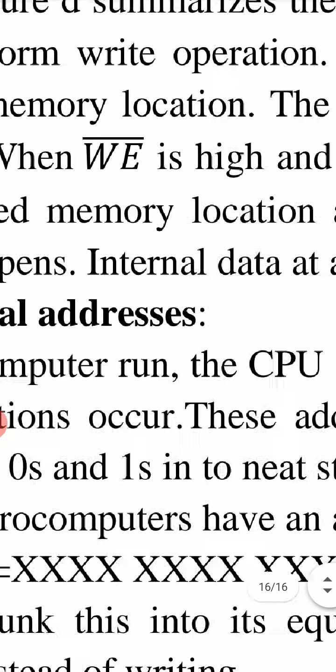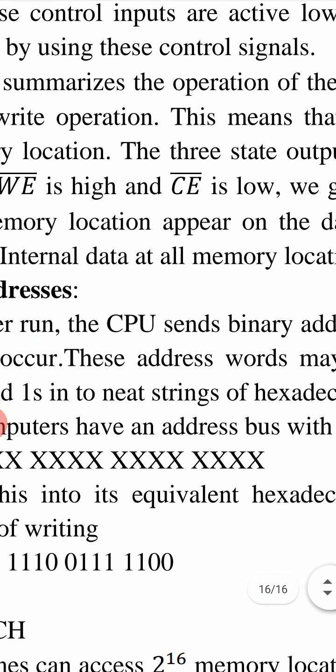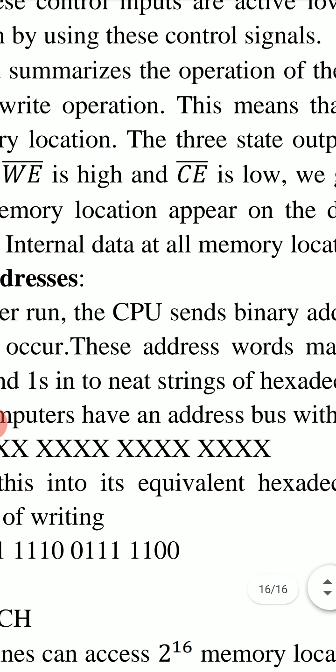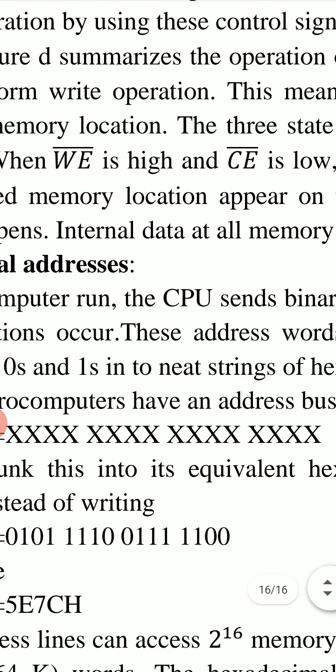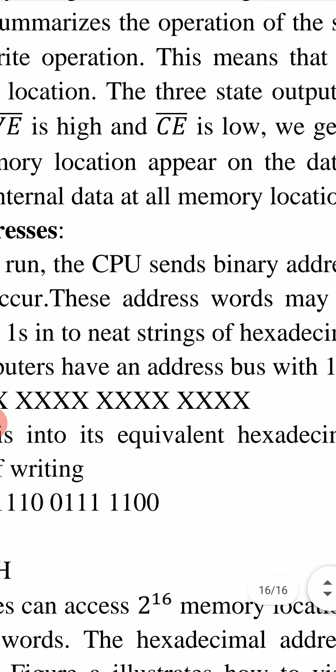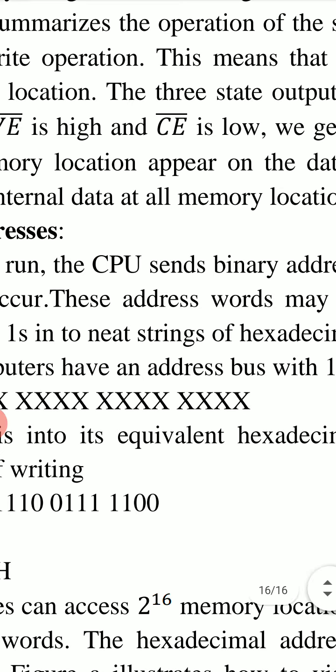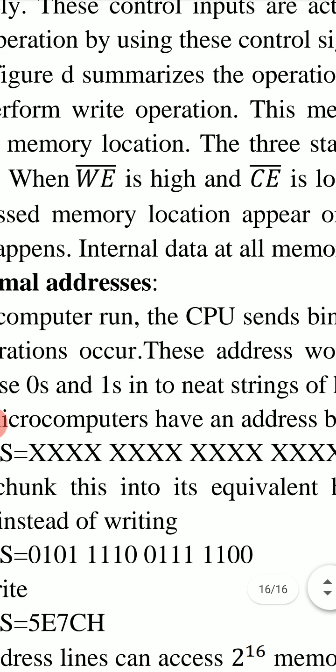Now when WE bar is high and CE bar is low, we get a read operation. For a read operation, we must keep CE bar active. That means CE bar is low. In this case we keep WE bar inactive.